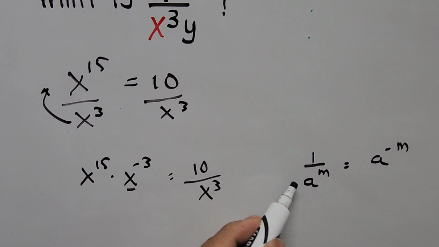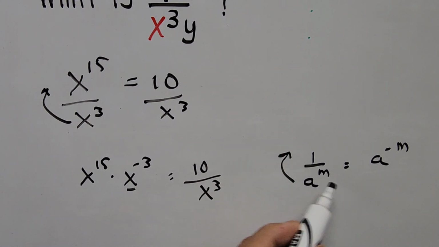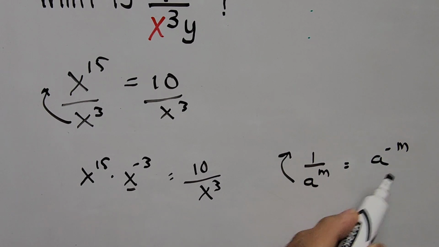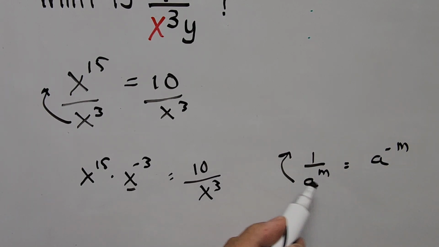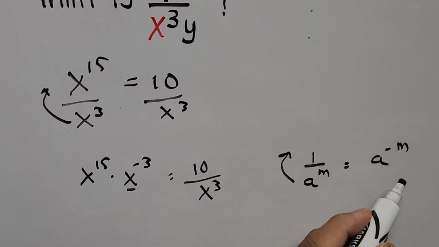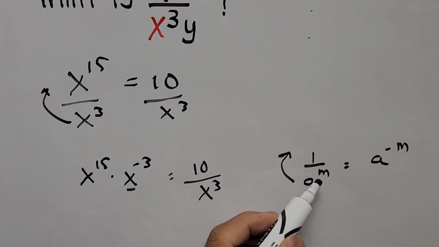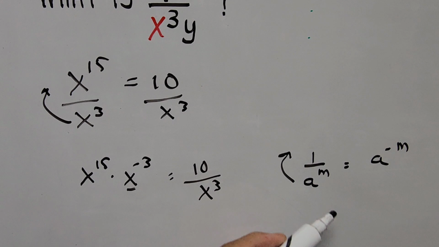Transposing to the numerator from the denominator, the exponent will become negative. If it is negative, move it to the top, to the numerator from the denominator, and it becomes a positive exponent. So the reciprocal of the sign of the exponent will be the end result.